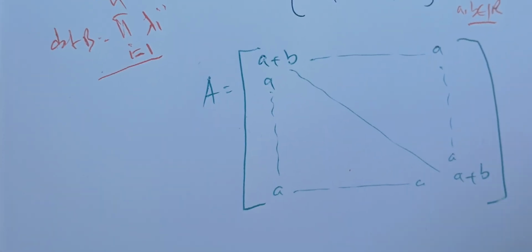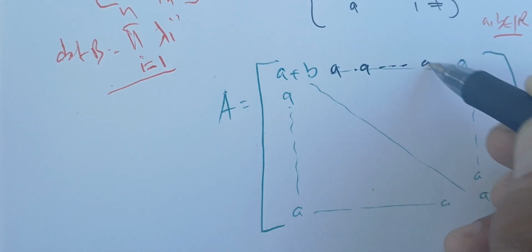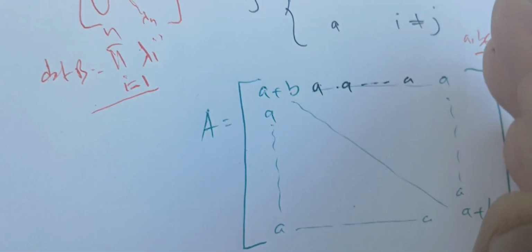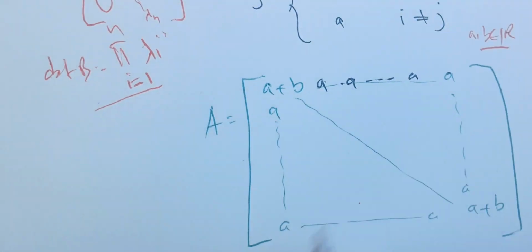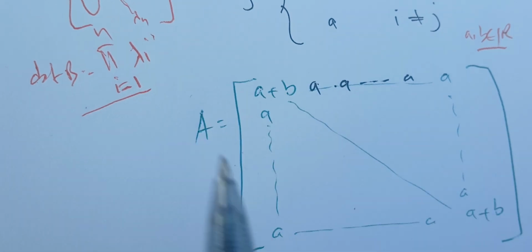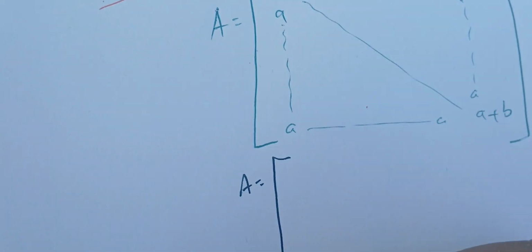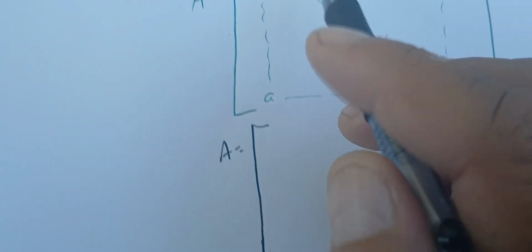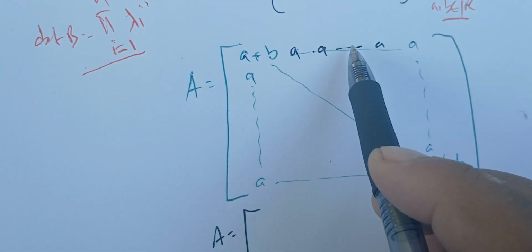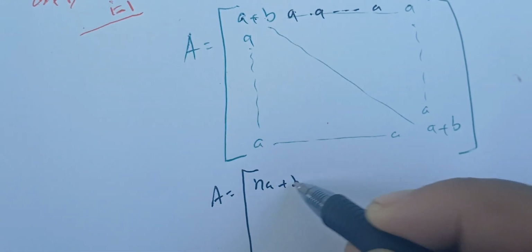To do that, we will add all the other columns to the first column, replacing the first column by the sum of all columns. Doing so, our A will become like this. Here we're going to have a plus b plus a, n minus 1 times, which means we have na plus b.